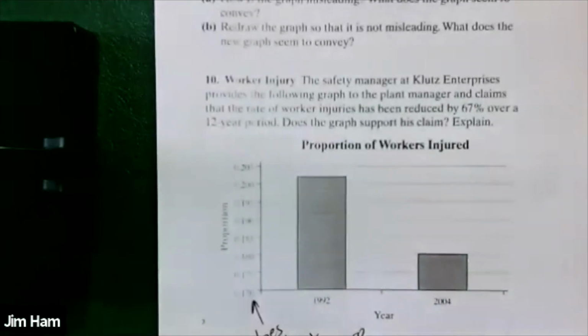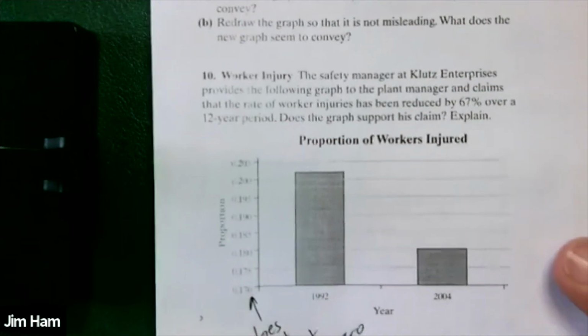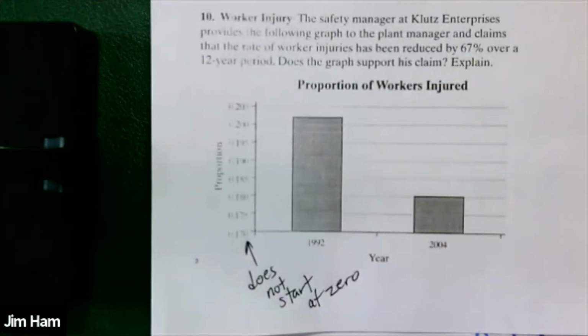For this particular one, it says the safety manager at Klutz Enterprises provides the following graph to the plant manager, obviously a misleading graph, and claims that the rate of worker injuries has been reduced by 67% over the 12-year period. Does that graph support the claim?